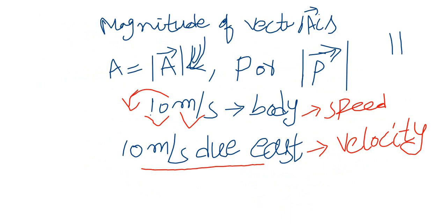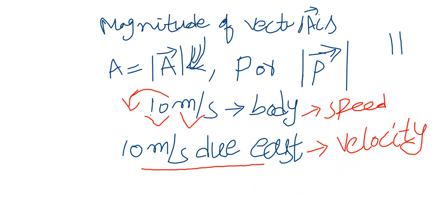So speed is a scalar. Next, the body moves 10 meters per second due east. That means velocity is given. How can you say velocity is given? Magnitude is given and that object moves in the east direction. So velocity is a vector.